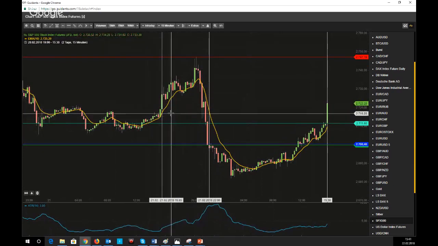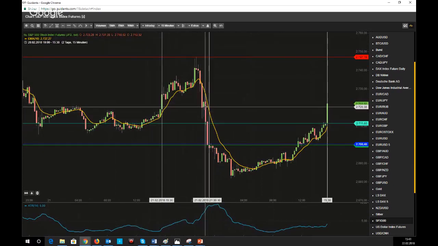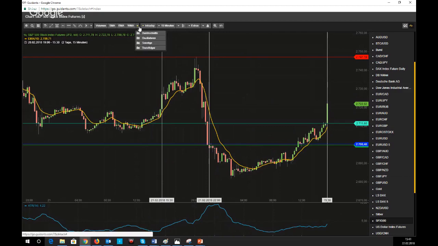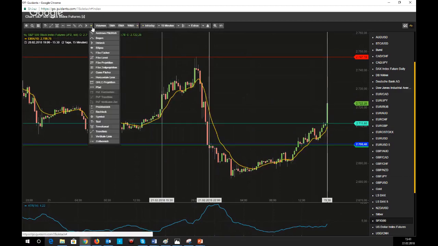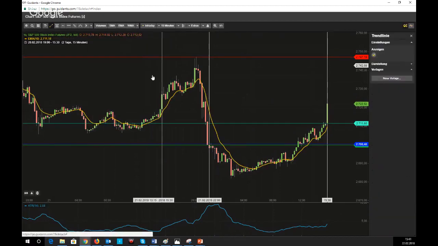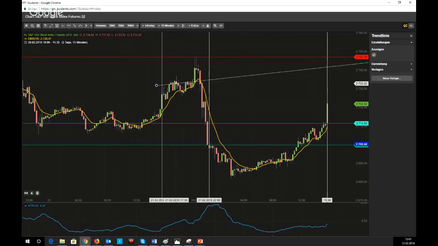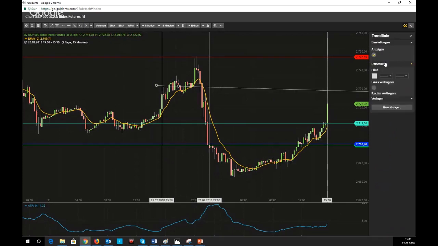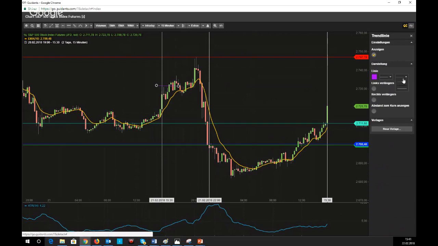In fact, yesterday the trade would have triggered and would have been a losing trade, even though it initially looked really nice. So let's lose this line here, make it a purple one, and probably here. So what can we see here?